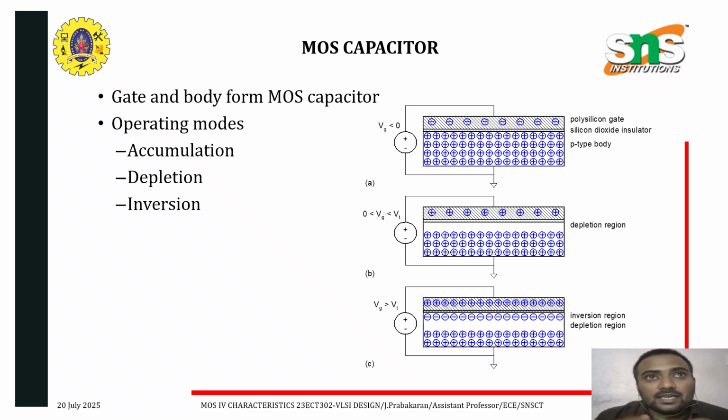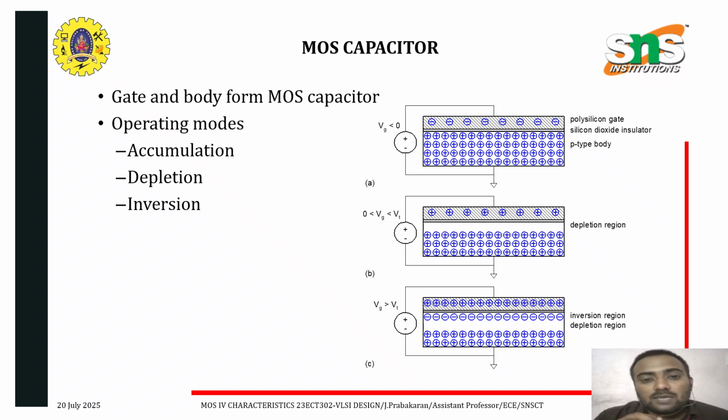The gate terminal will act as one plate of the capacitor, and the semiconductor terminal, which is the substrate, will act as another plate of the capacitor. The SiO2 layer acts as the dielectric medium.